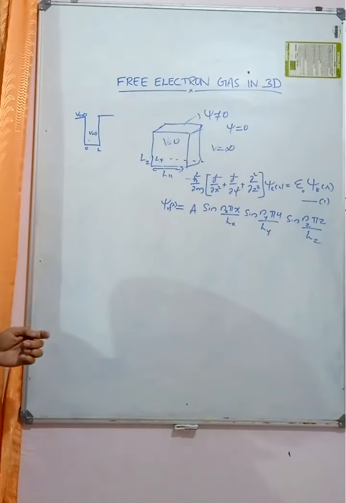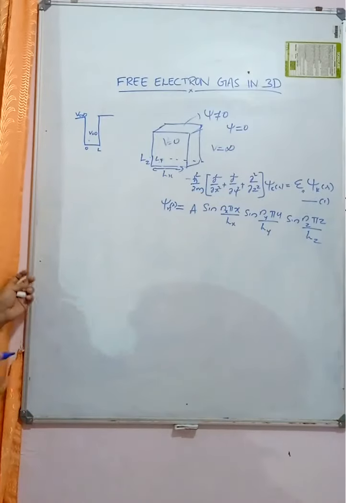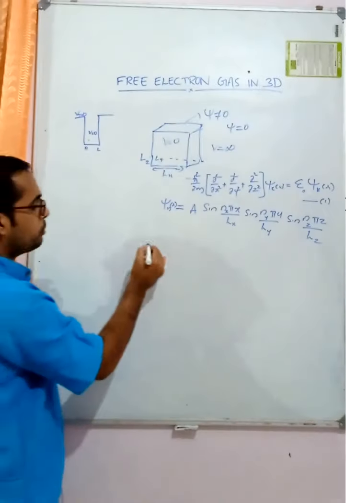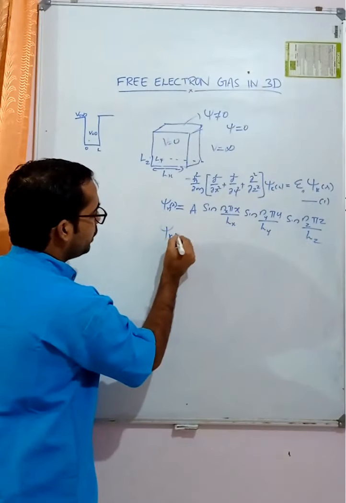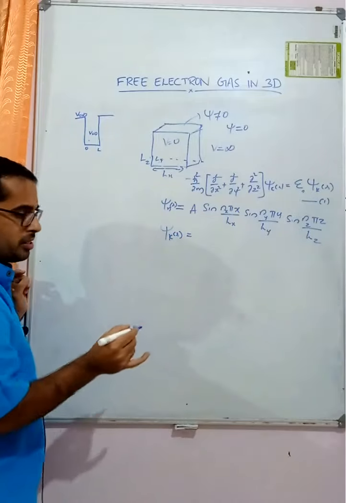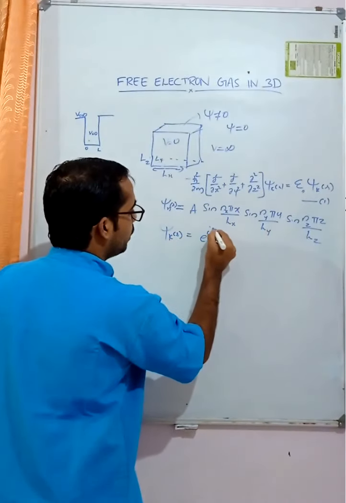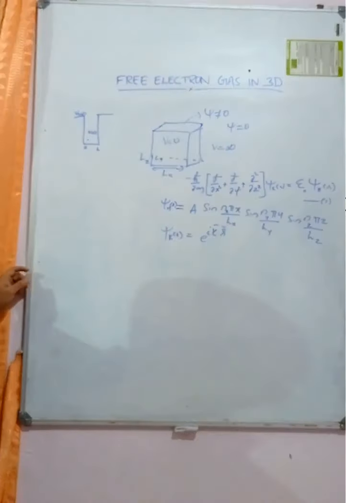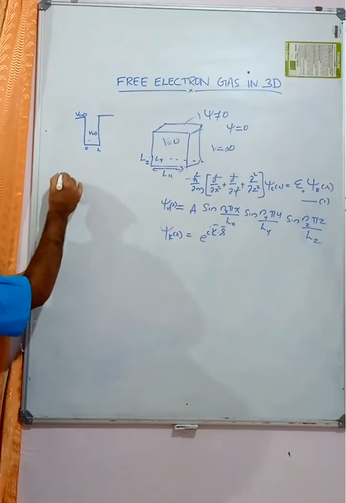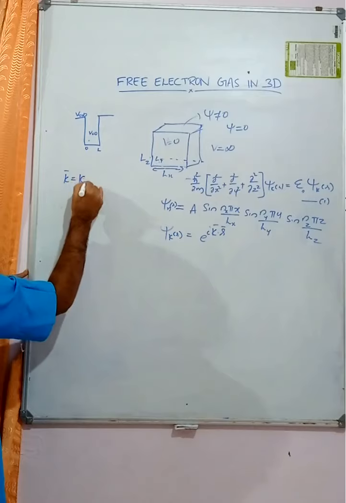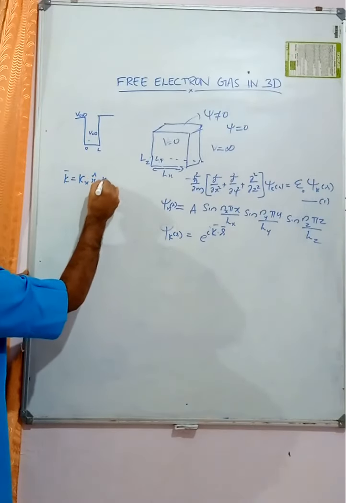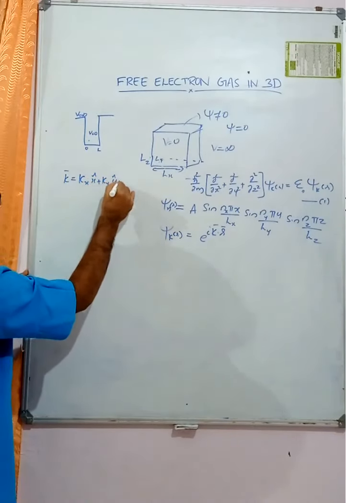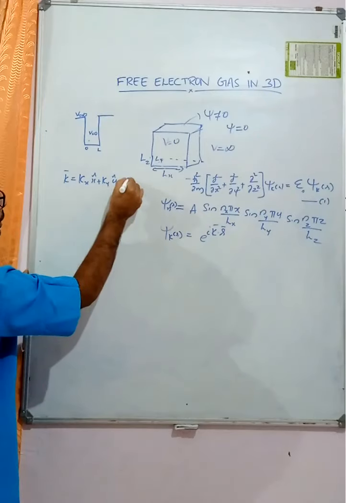So a solution of this form will be a plane wave. We can write it in wave vector format, that is psi k of r is e raised to i k dot r, where k is the wave vector. The wave vector k is kx x-hat plus ky y-hat plus kz z-hat.